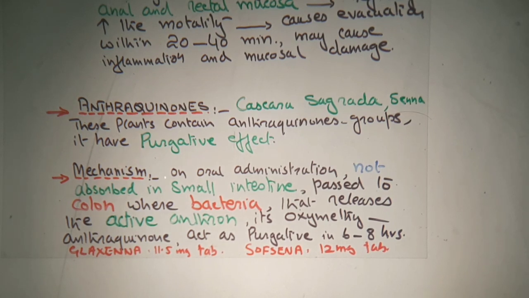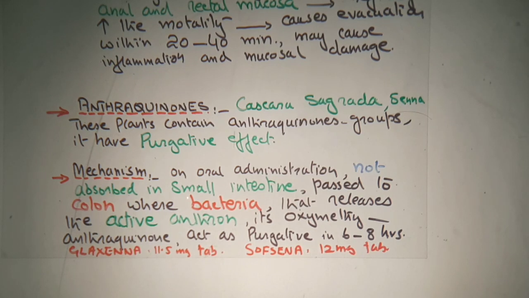Now, the mechanism of action: on oral administration, it is not absorbed in the small intestine, but passes to the colon, where bacteria release the active anthrone. Anthraquinone, when given orally, cannot be absorbed by the small intestine, passes into the colon where the bacteria are present, and they release the active anthrone.